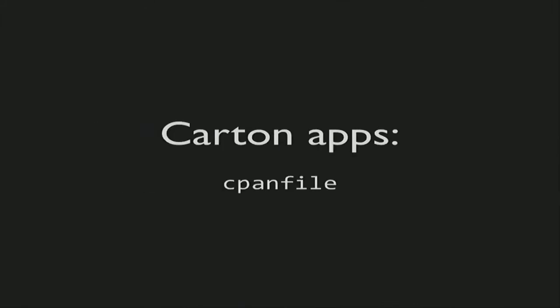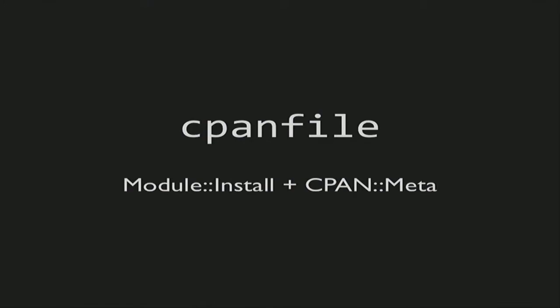So I just created a new format called cpanfile. It's just a copy of Gemfile from Ruby, but it has some flavors for Perl. Its syntax is compatible with Module::Install. So if you have ever used Module::Install in the past, there's nothing new to learn. It's the same syntax. It's not fully backward compatible, but all the Module::Install commands are available in the cpanfile. But you can do more if you want.